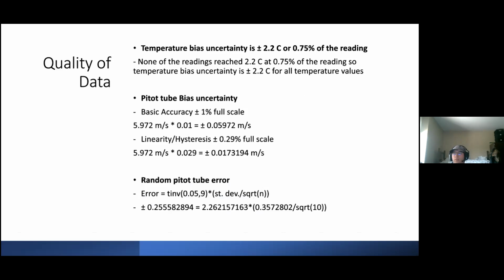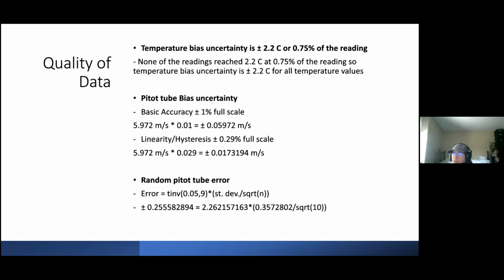So for the quality of the data, for this lab, it was mentioned that a type J thermocouple has a bias uncertainty of 2.2 degrees Celsius or 0.75%. For this lab, we did not reach high enough temperatures where 0.75% would come into play. So our bias uncertainty for this lab is 2.2 degrees Celsius.